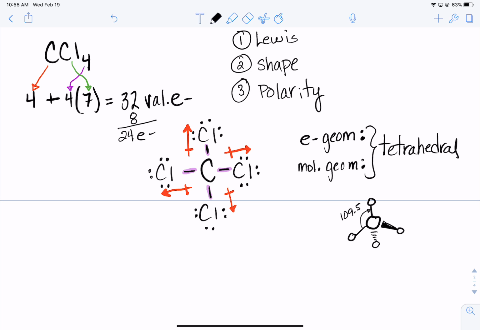Here's what I want to ask you, because page 175 shows you a tug of war, and we know that in this individual bond, the chlorine's winning, isn't it? The electrons are flocking toward the chlorine. Now here's the question about the whole molecule. If all of the electrons are pulling in the direction of chlorine, does this molecule move if it was a tug of war?